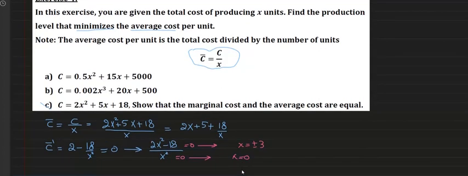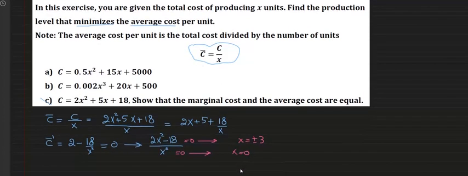And of course now we know that x here is representing the number of units produced. Imagine that we have a factory that produces a negative quantity.